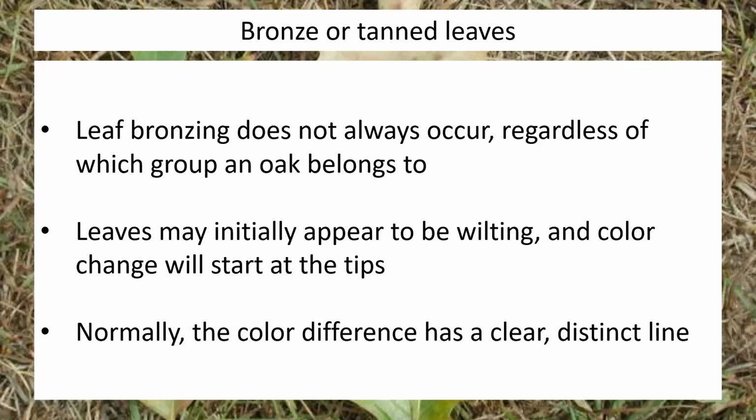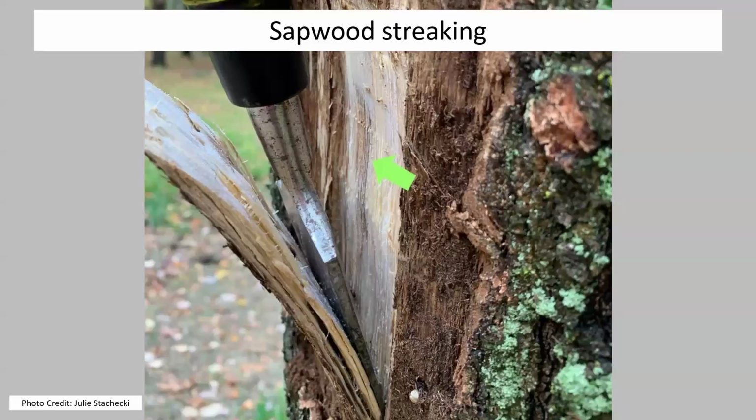This will separate it out from a lot of different effects. Certain pathogens may not have that clear, distinct line. Sometimes pesticide exposure may not have that kind of clear distinction there. This one is a very, very trademark appearance of when oak wilt infection begins to take hold. And then just an example of some streaking in sapwood. There are quite a few pictures on this that I got, but I wanted to kind of demonstrate it in the field here.